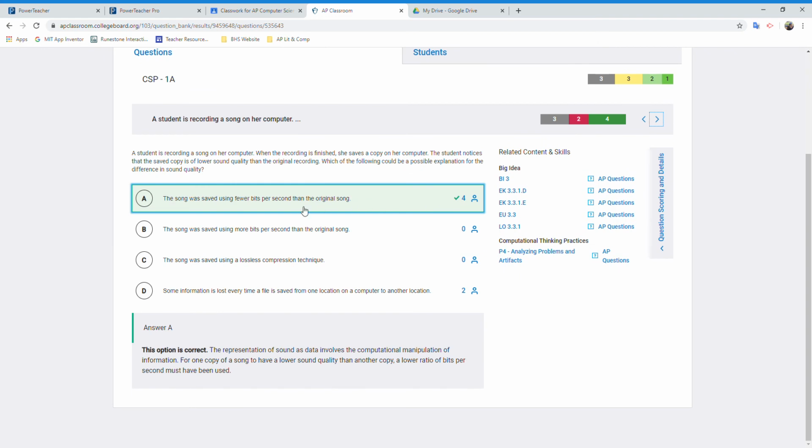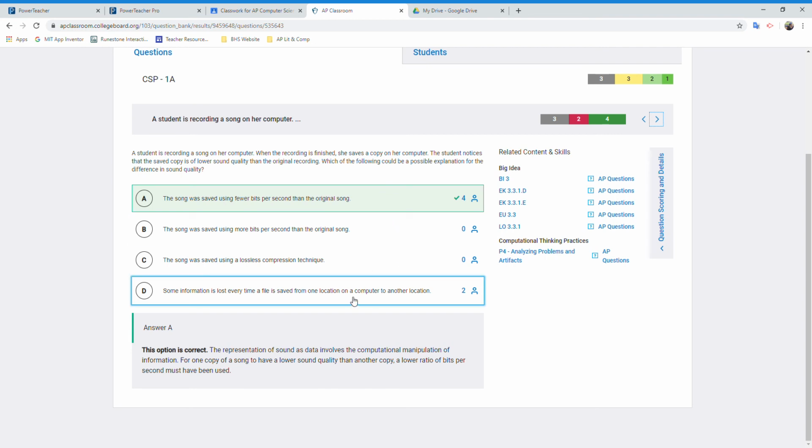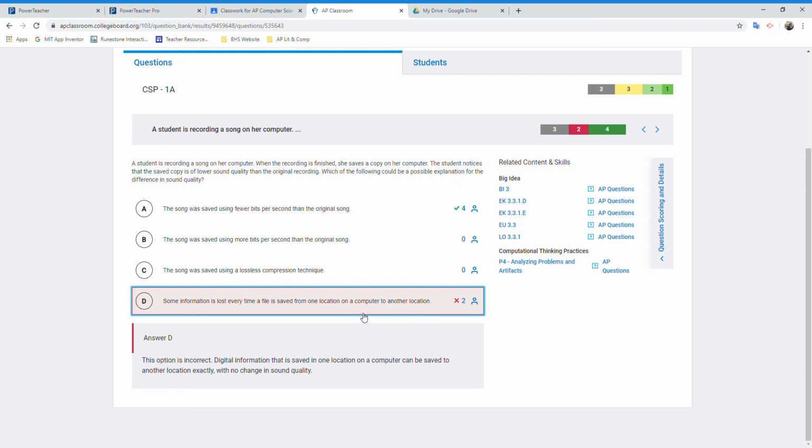Now, over here, a student is recording a song on her computer. She saves a copy to her computer, and she noticed that the saved copy is of lower sound quality. Which of the following could be an explanation? The incorrect answer: some information is lost every time a file is saved from one location to another location. That's just not true. You have lossless ways of saving files, and you have lossy ways of saving files.